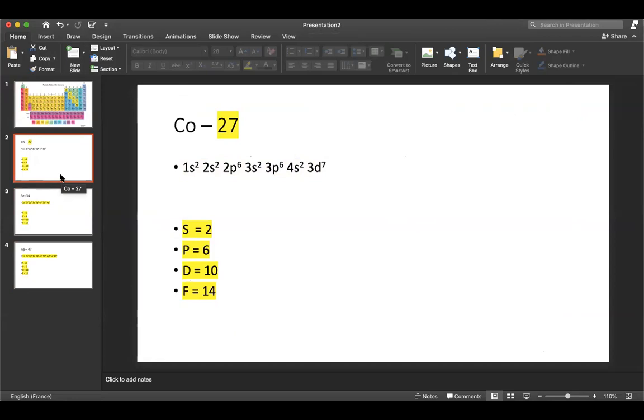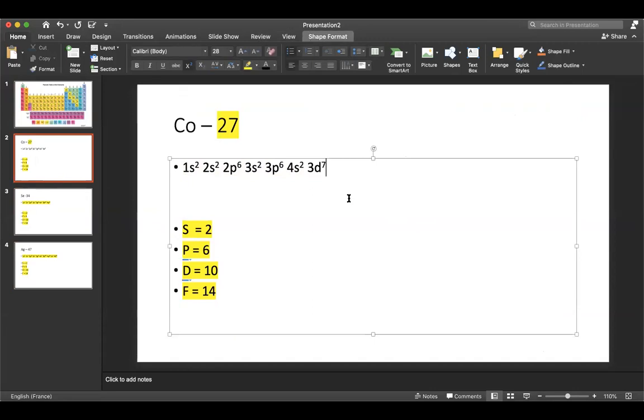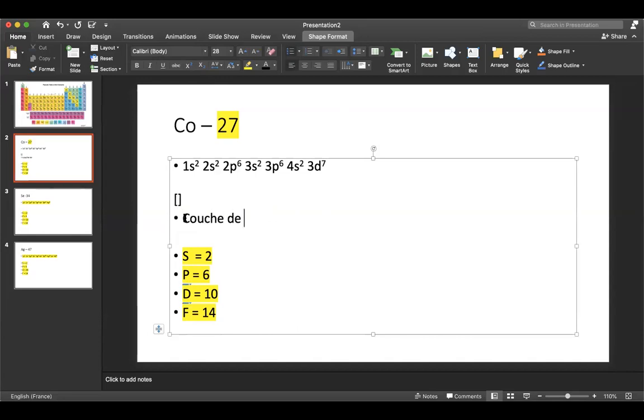Okay. If there are no questions, now we look at the electron configuration with noble gases. But before we even go to noble gas, the question I've always been asking is, which one is the valence shell for cobalt?